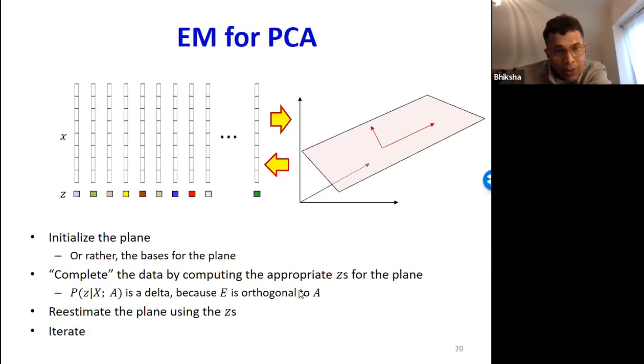Now, because Z is not given, we need a more complex solution. In the specific form, when we use an iterative solution, here's what we do. We start off with an initial estimate for the plane.